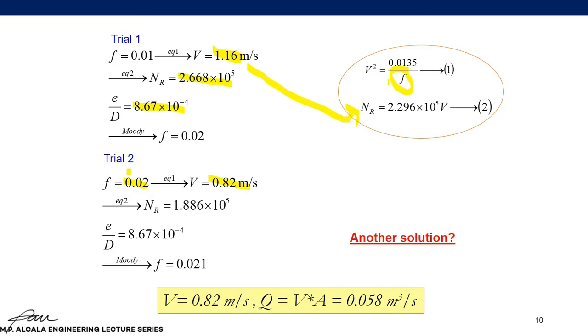In this case, the initial guess is 0.02, but from the Moody diagram, this is what we have, 0.021.